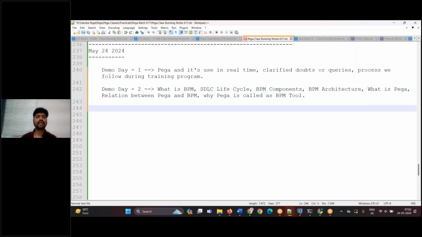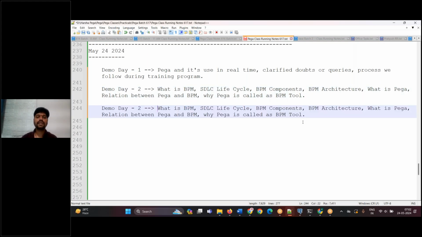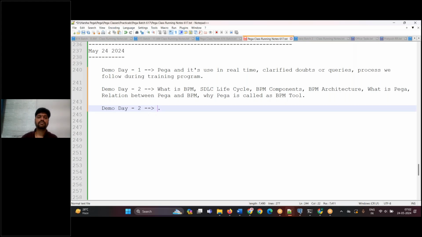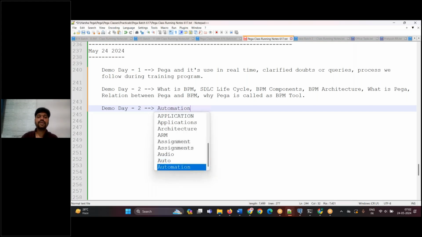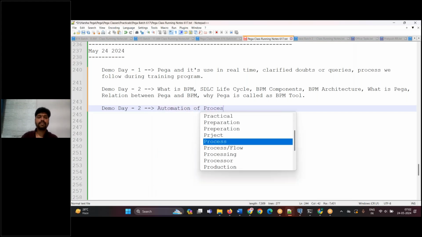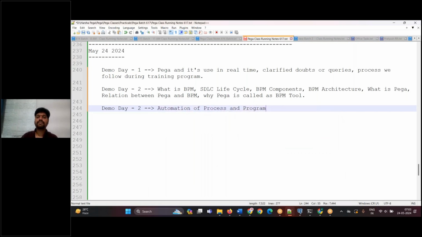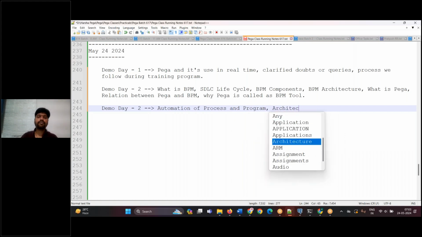And next, demo day three. So day three, what did we cover? Again, architecture. PRPC. First I covered automation of process and program. After that, the architecture of Pega.